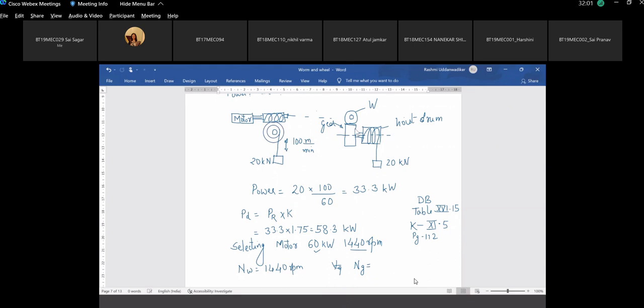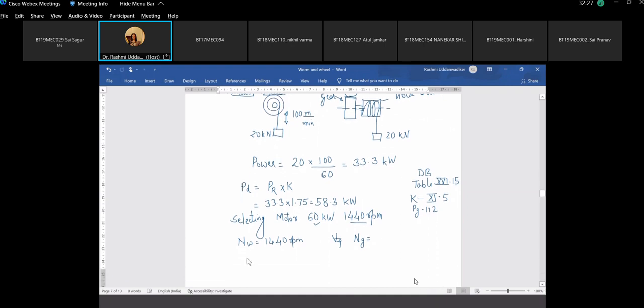Now the velocity of the gear and the velocity of the drum might be different, but since the diameter of gear is not given, here we are assuming this diameter is same as that of the hoist diameter. Otherwise, we cannot find out what is the angular velocity or the linear velocity of the gear. So due to lack of data, we are assuming the diameter of the gear drum is same as diameter of the hoist drum.